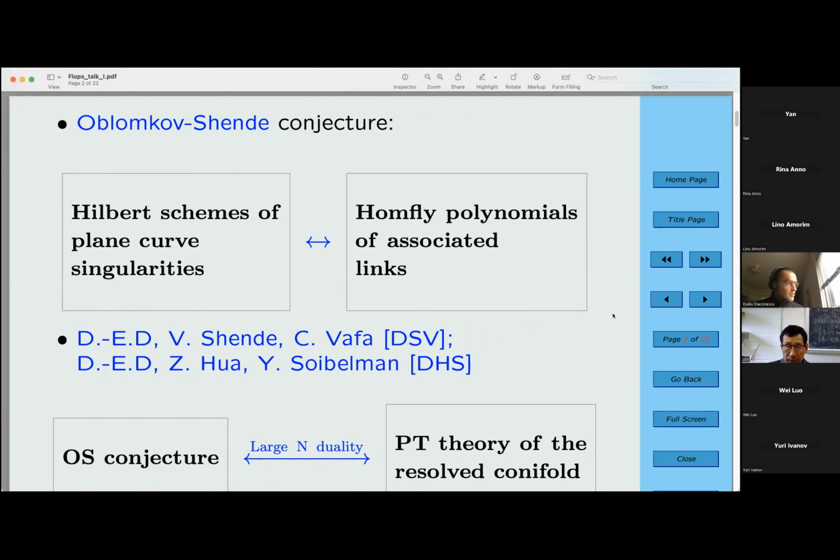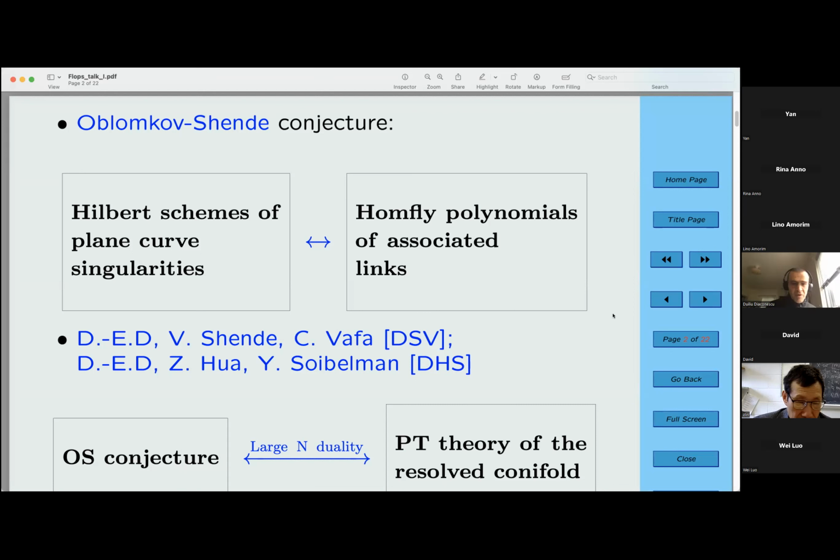So just to set things in the right context, the motivation goes back to more than 10 years ago. It starts with this conjecture of Oblomkov and Shende, which conjectured a very precise connection between the topology of Hilbert scheme of plane curve singularities and HOMFLY polynomials of the associated links.